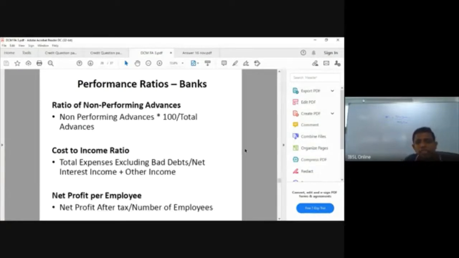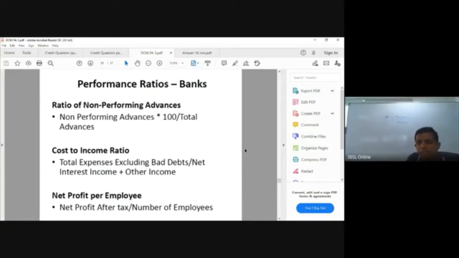Apart from these, there are a few ratios very famous in the banking industry. One is the non-performing ratio. This ratio will be a dead animal from this year onward, because the central bank is now focusing on the impairment side.